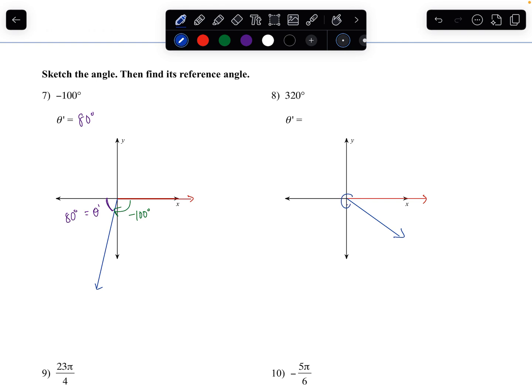So here is 320 degrees for theta, and then for my reference angle, that's going to have to be equal to 40 degrees. Again, to get to the closest x-axis, that would have to be 40 degrees to be a complete 360. And so my reference angle is 40 degrees.